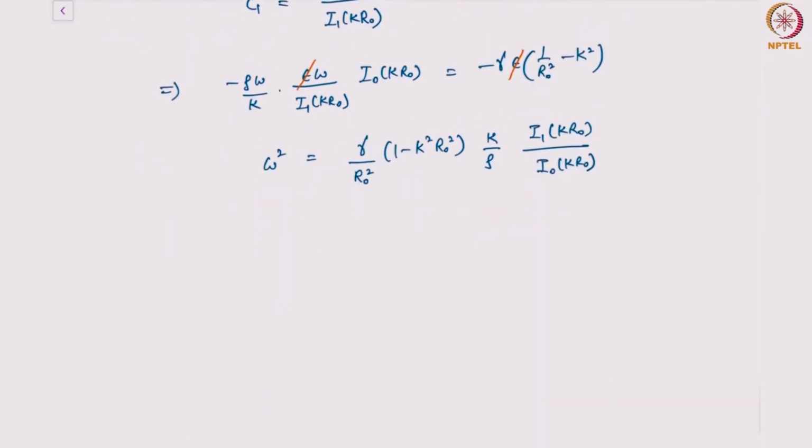I can do one more important step, which is I can multiply and divide by K R naught. I have omega square will be gamma by rho R naught cube times K R naught into 1 minus K square R naught square I1 of K R naught divided by I0 of K R naught.